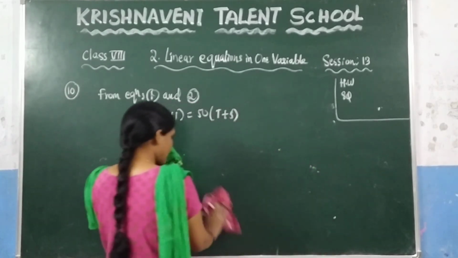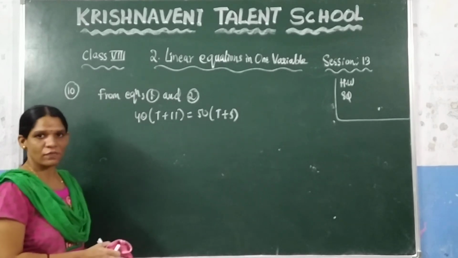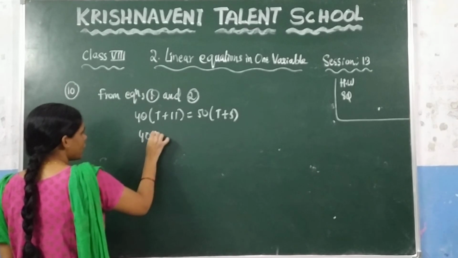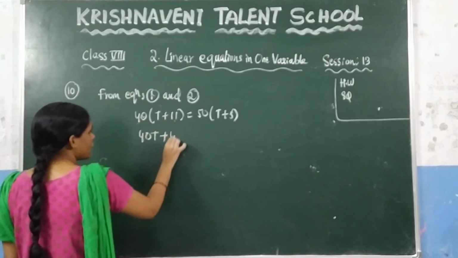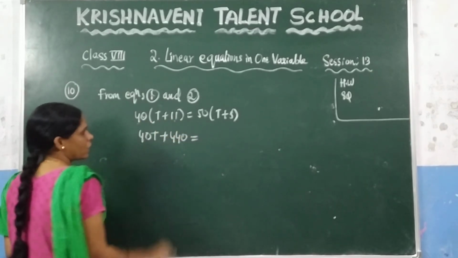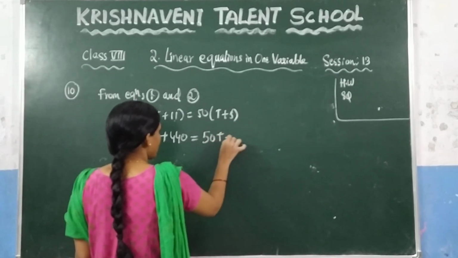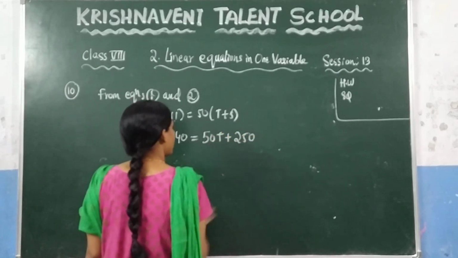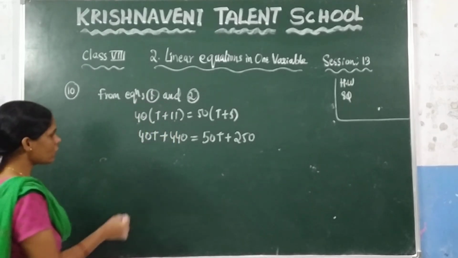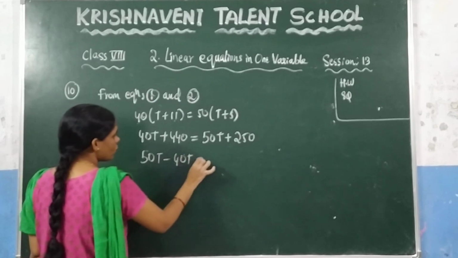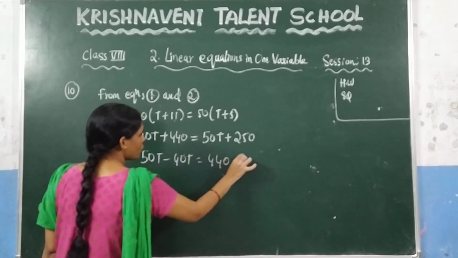If you want to calculate the distance, you need to know the value of the time. So 40 into t gives you 40t, plus 40 into 11, which gives you 440. Here 50 into t gives you 50t, and 50 into 5 is 250. Now take all the t values: 50t minus 40t is equal to 440 minus 250.